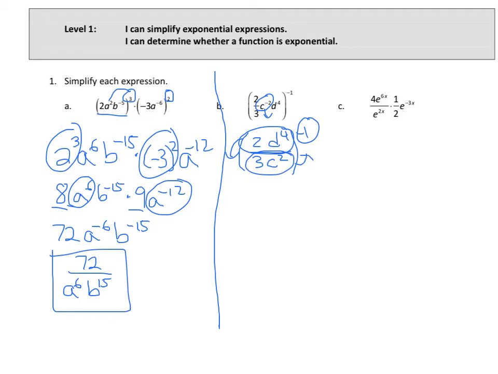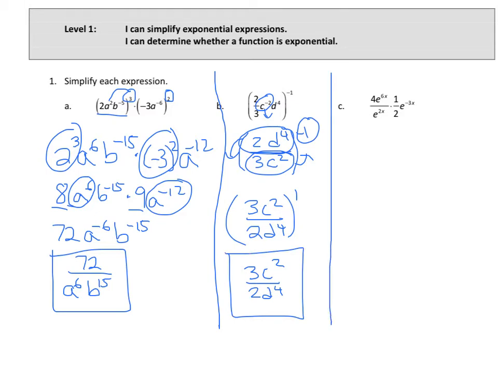And you can do that anytime you have a negative exponent on the outside. So I'm going to move 3c squared up to the top, 2d to the 4th down to the bottom, and that's to the positive 1 now because I flipped it. Of course, I don't have to write to the positive 1, so my final answer would just be 3c squared over 2d to the 4th. That can't be simplified.